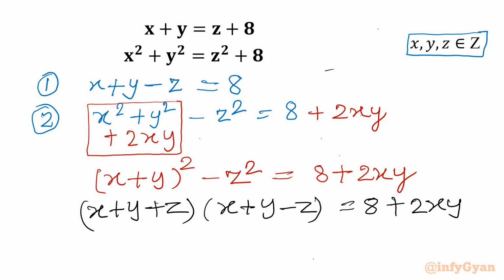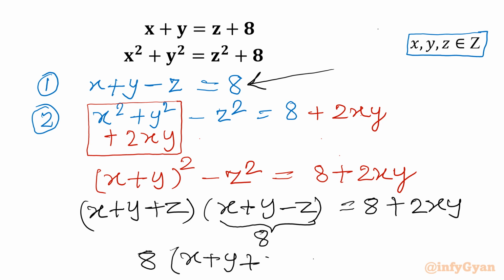Now from equation number 1, x plus y minus z is 8. So I will write LHS as 8 times x plus y plus z equal to 8 plus 2xy. Now the equation is divisible by 2, so let's divide by 2.